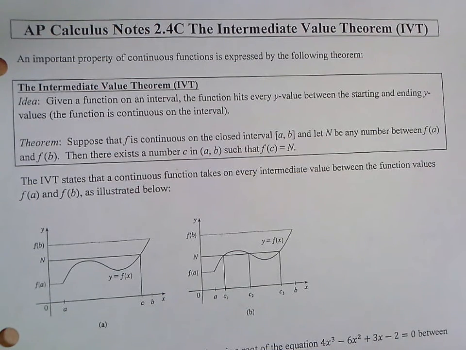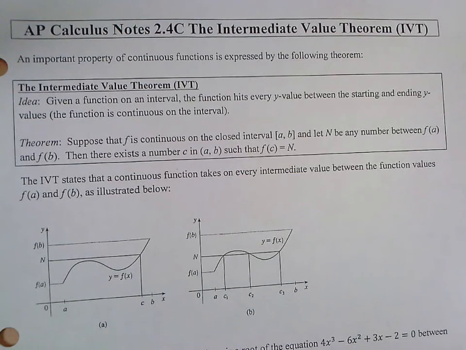So if you say IVT in reasoning, that's okay, that's allowed. On an AP test, whoever's grading it will know what you're talking about. There's also the extreme value theorem and the mean value theorem, and those are both in chapter 4. So this does come up, and whenever you're using this, you do have to refer to it exactly.